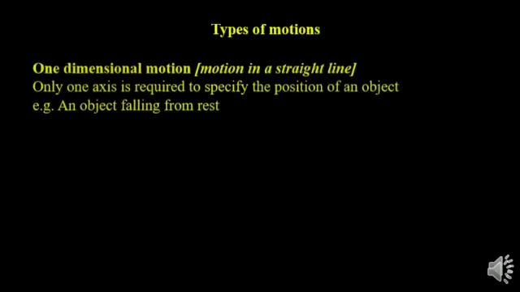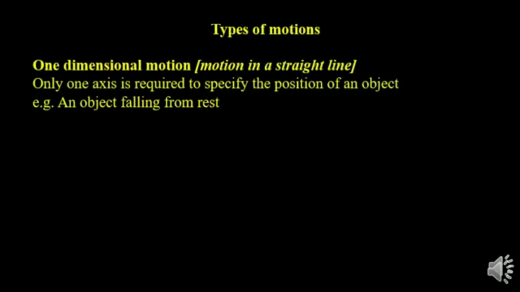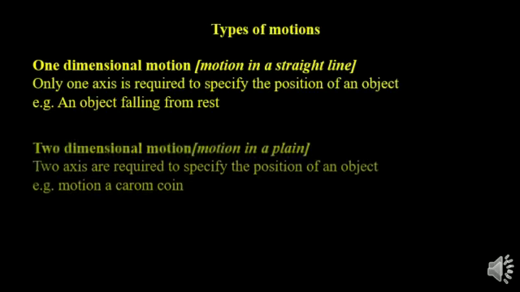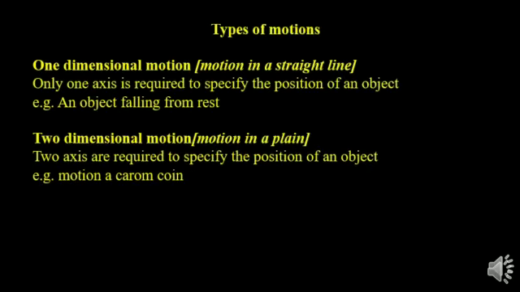If a body is moving in a straight line, to represent it, we are using only one coordinate, and the motion is known as one-dimensional motion. Example, free fall of an object. If the body is moving in a plane, we are using two coordinates, and the motion is known as two-dimensional motion.